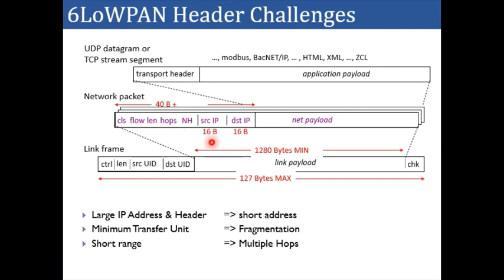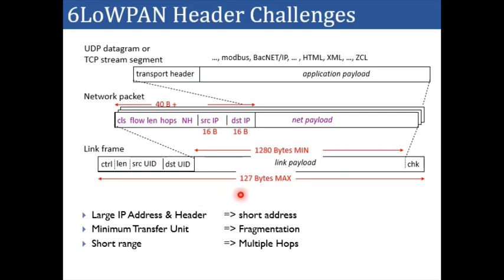Now, if this packet is to fit into 802.15.4, which has a maximum frame size limit of 127 bytes, it is very difficult to fit 1280 bytes into 127 bytes without compression.